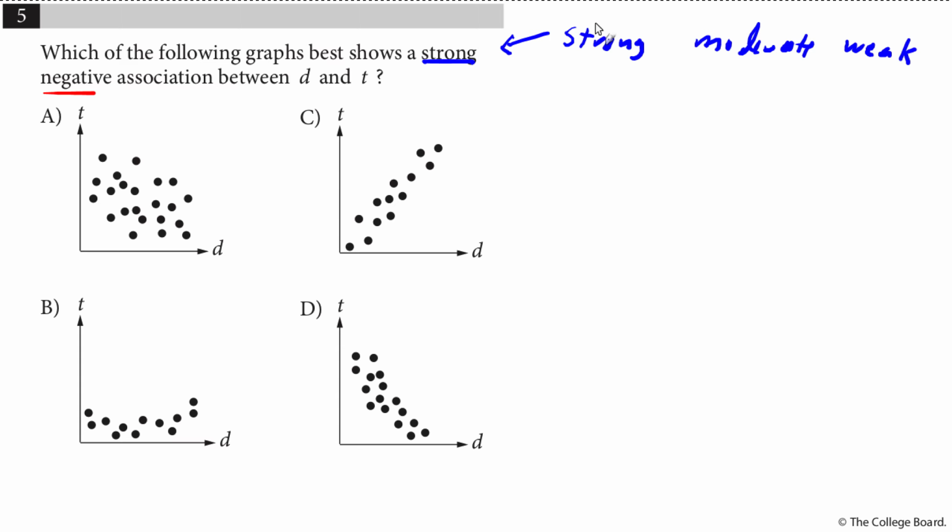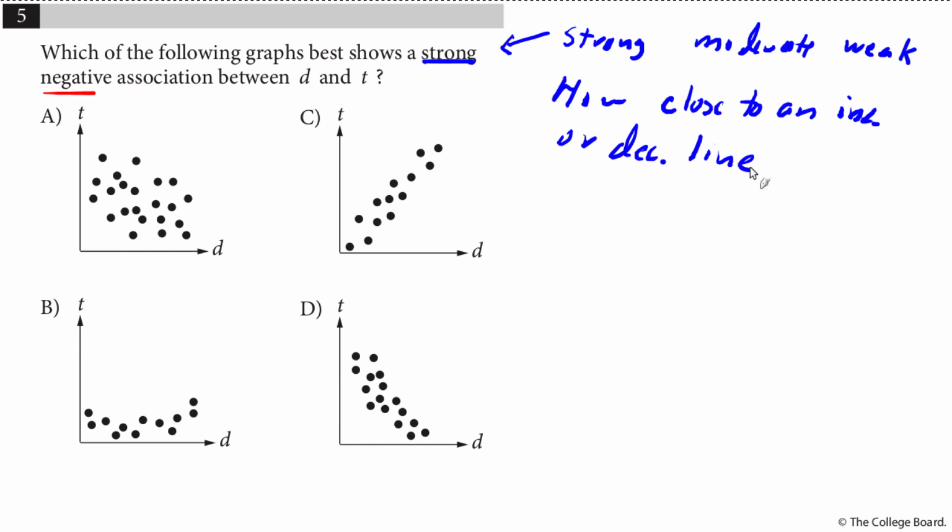I could also see things like perfect correlation or approximately no correlation. Basically, what this says is how close to an increasing or decreasing line we are. That's important, increasing or decreasing.